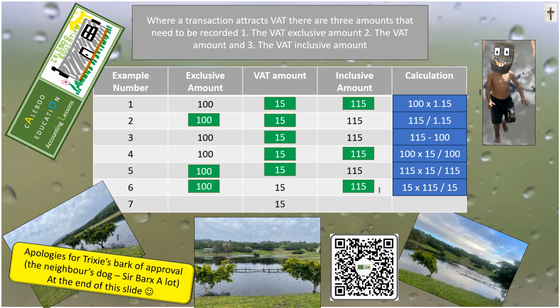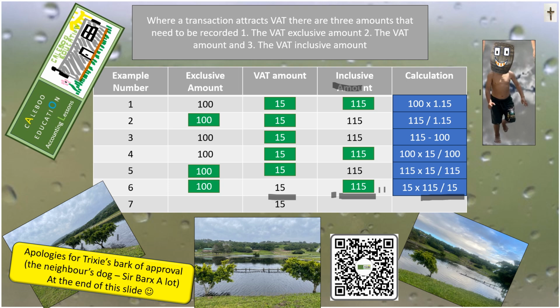I'll show you where that is now. We went from the VAT amount of 15 to get the exclusive amount plus VAT, which is the inclusive amount. We multiplied by 115 over 15, and we got 115.